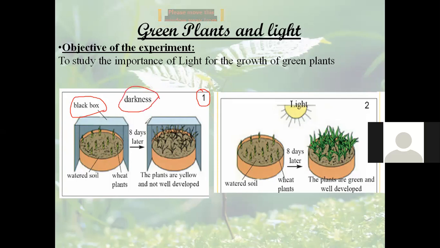Eight days later, the plants became yellow and not well developed. While in plant 2, with sunlight, we have normal growth: the plants are green and well developed.